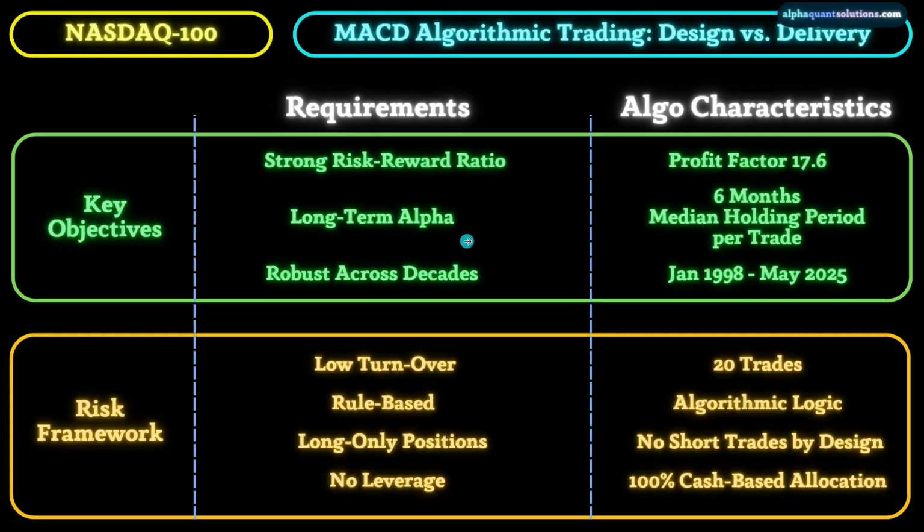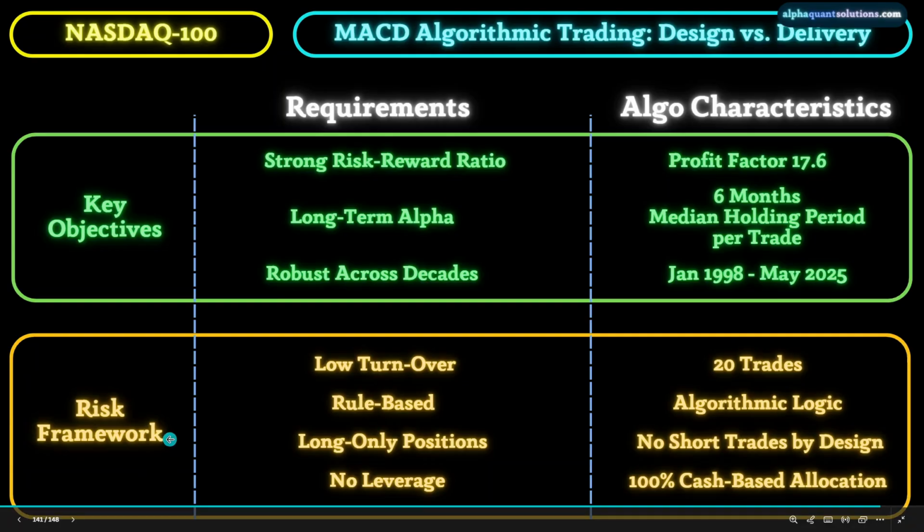We also wanted long-term alpha signals. In this case, the median holding period per trade is 6 months. And we also wanted the algorithm to be robust across decades, and it has been tested from January 98 until May 2025. So the first three objectives have been validated and met.